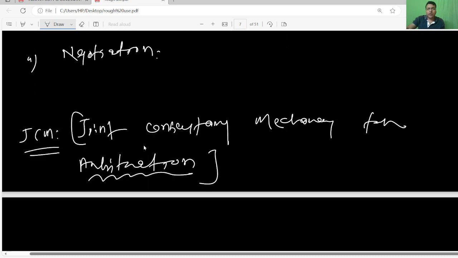So JCM we can call an ADR, alternative dispute redressal mechanism, which is used by the employee against the government. Instead of going to the court, they use this ADR, Joint Consultative Machinery for Arbitration.